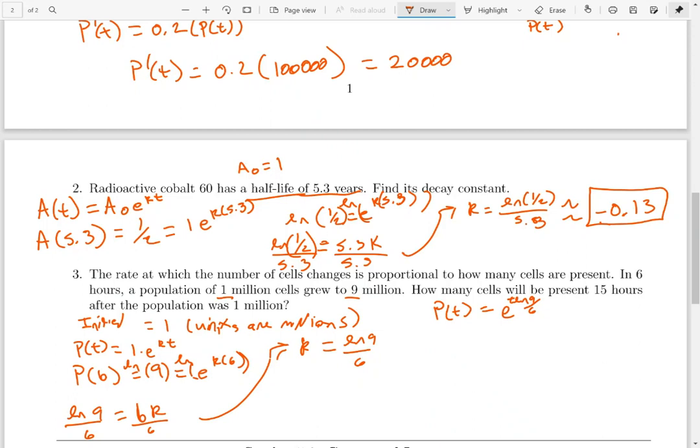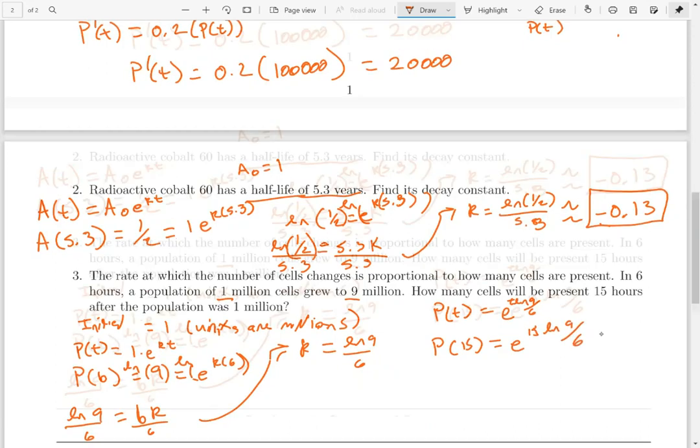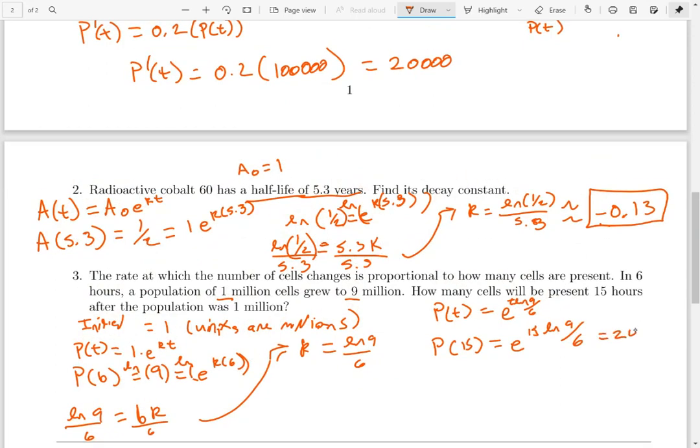Well, 15 hours after that is going to be P of 15, so that's going to be equal to e to the 15 times the natural log of 9 divided by 6, which I get to be 243. Remember that our units are million, and so that's 243 million cells after 15 hours.